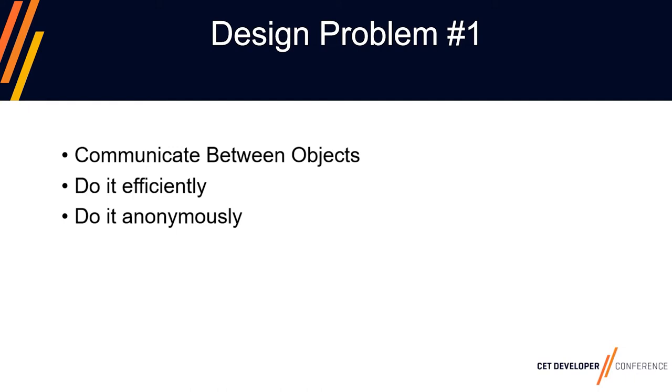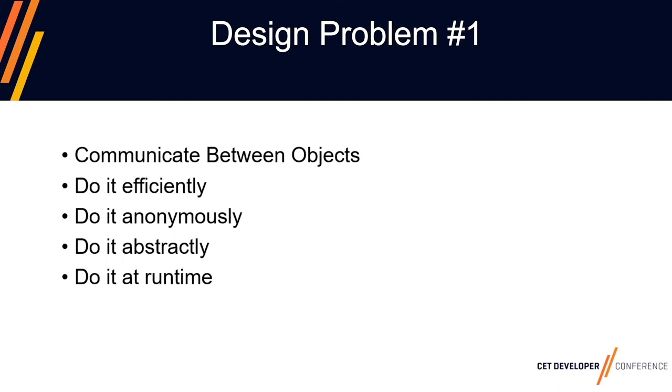We want to do it anonymously, in that we don't want to care who is sending or who is receiving the information. We want to do it abstractly, in that we don't care what the types are of who is sending and receiving the information. And we want to be able to ask for information at runtime, so this doesn't have to be hard coded.